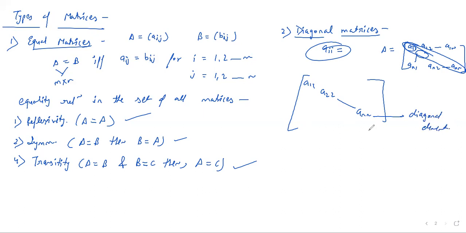And the line along which they lie is called the principal diagonal. This is my principal diagonal.